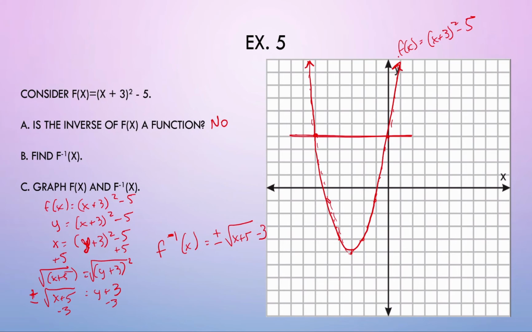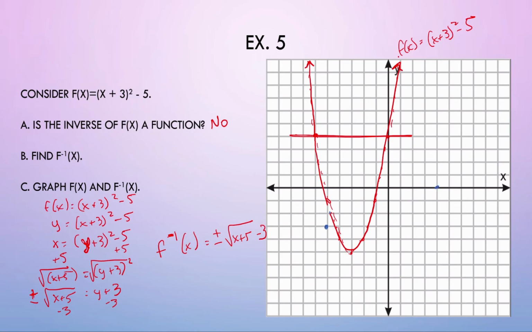And if we graph that, the point that's at negative 3, negative 5 should be at negative 5, negative 3.